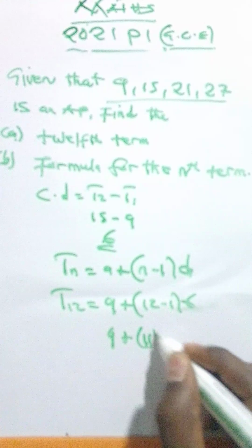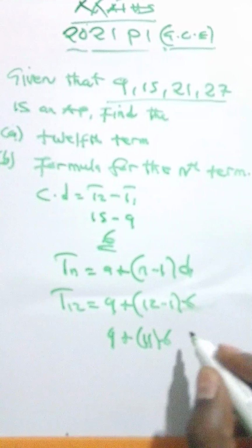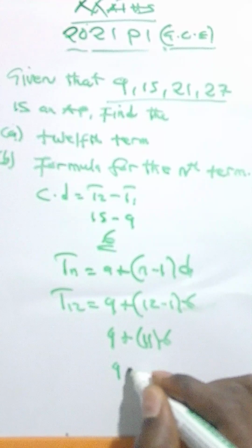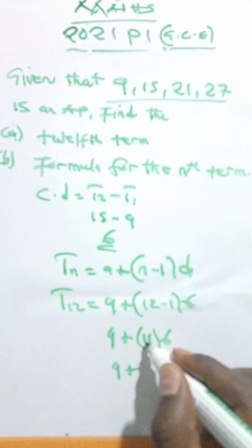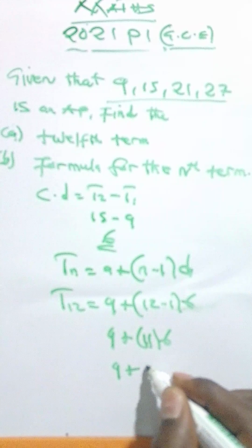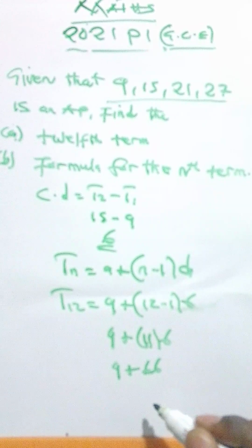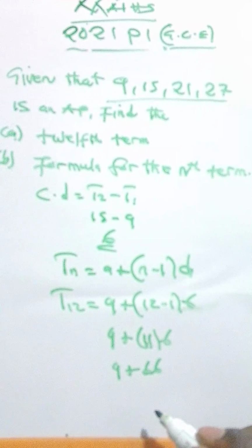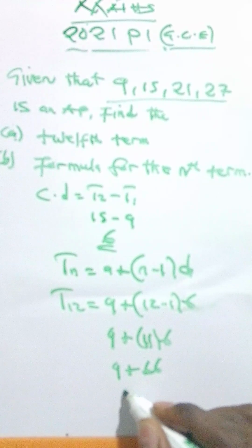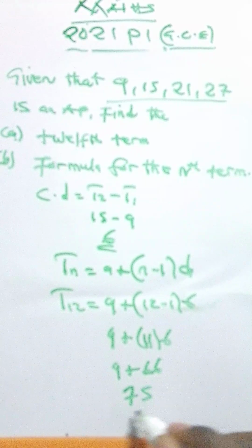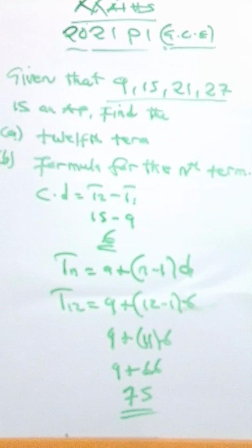Then we have 6 here. Then from here, 9 plus 11 times 6, we're getting 66. So 9 plus 66, we're getting 75. So that is how we answer in the quickest possible time.